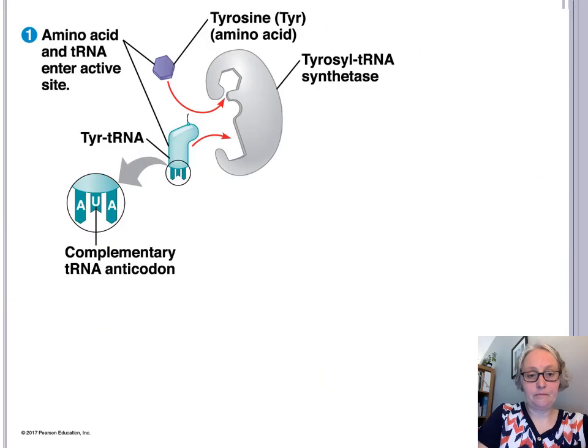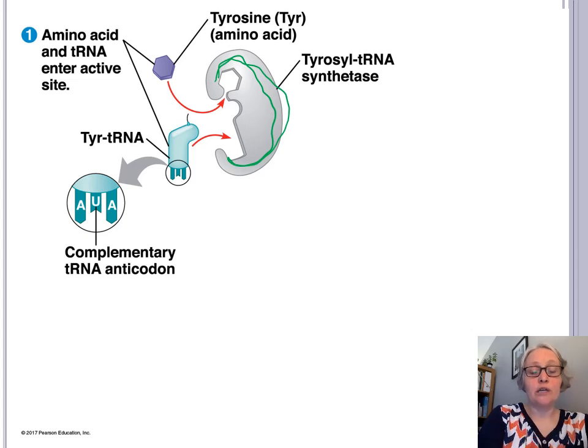So what are we going to do? There is an enzyme called aminoacyl tRNA synthetase that does that matching for us. That work that we just did on the previous slide, it's able to do. And so what it does is it picks up a tyrosine amino acid. It also picks up that tRNA molecule that has that anticodon that we were just talking about. There's the anticodon, AUA, just like we had on the previous page.